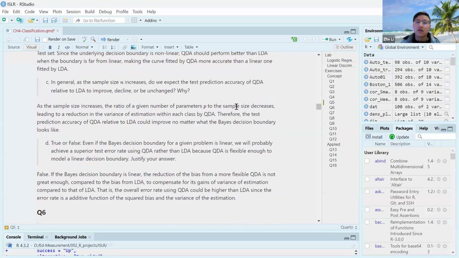So the influence of the features decreases, leading to a reduction in the variance of estimation within each class.